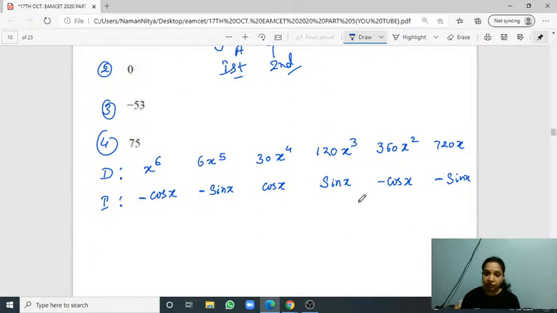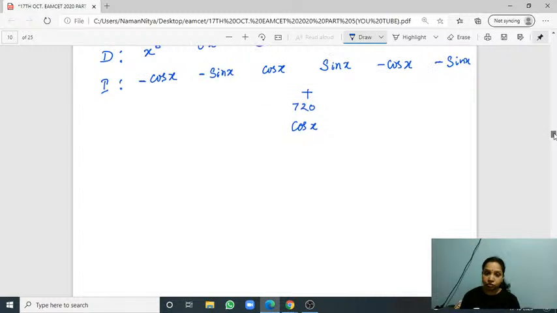So differentiation of 720x, that will be 720 and integration of minus sin x, so that will be cos x. So again put the sign plus, minus, plus, minus, plus, minus, and this one will be plus only. And write down what is your I6.